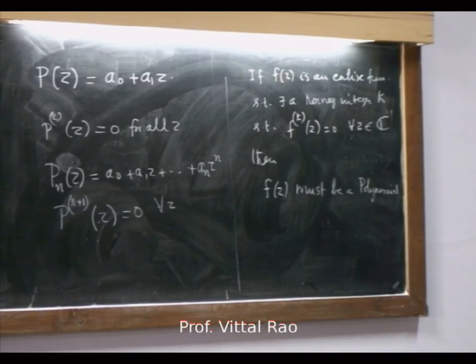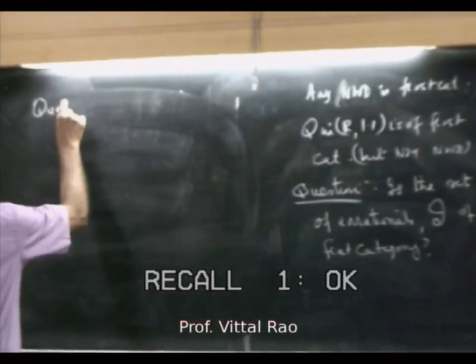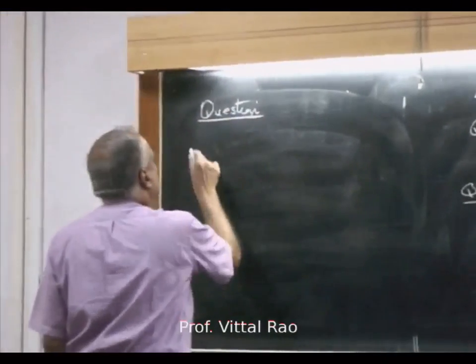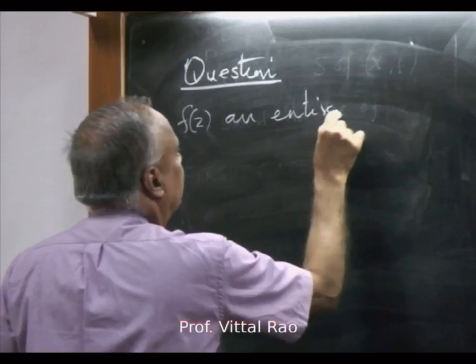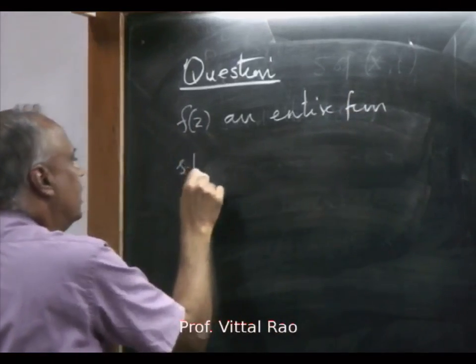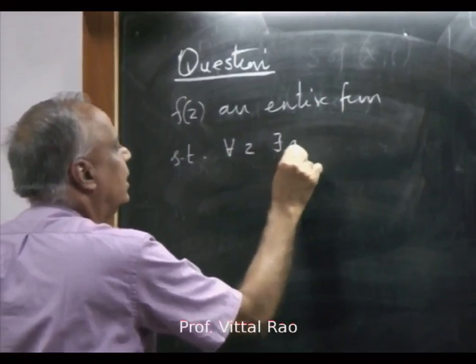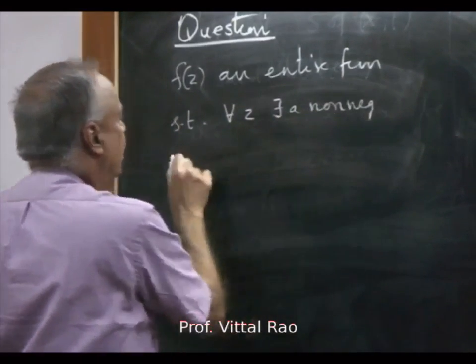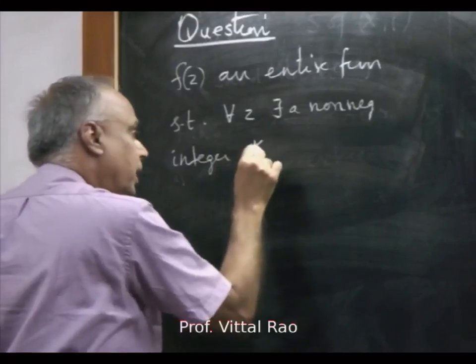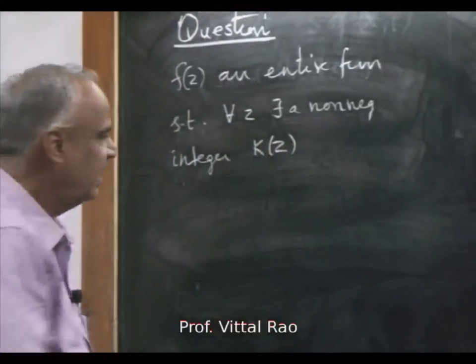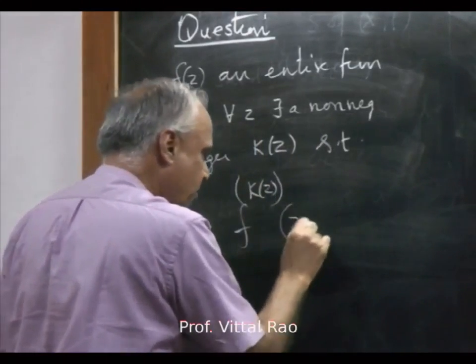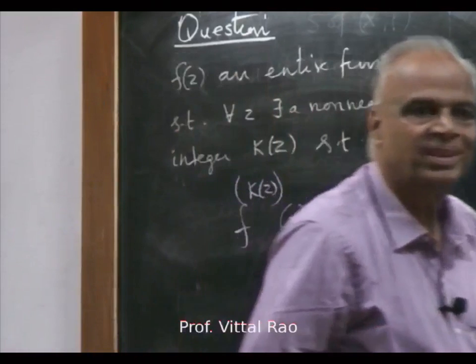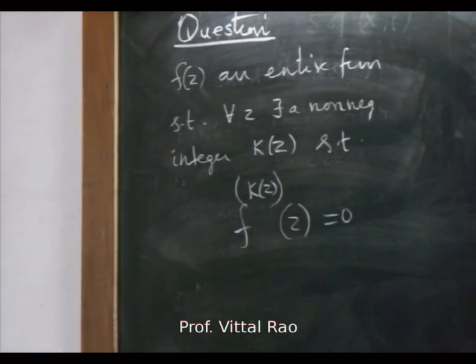So the question is: f(z), an entire function, such that for every z there exists a non-negative integer k, which may depend on z, such that the kth derivative at that point vanishes. In the earlier case one fixed derivative vanishes at all the points.